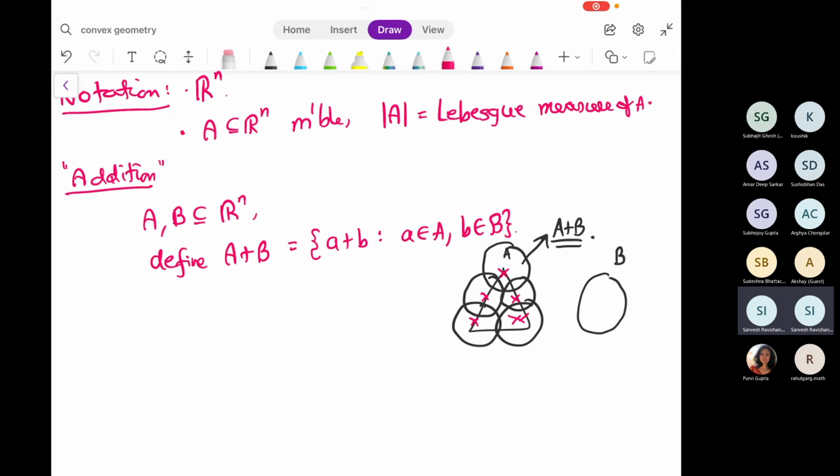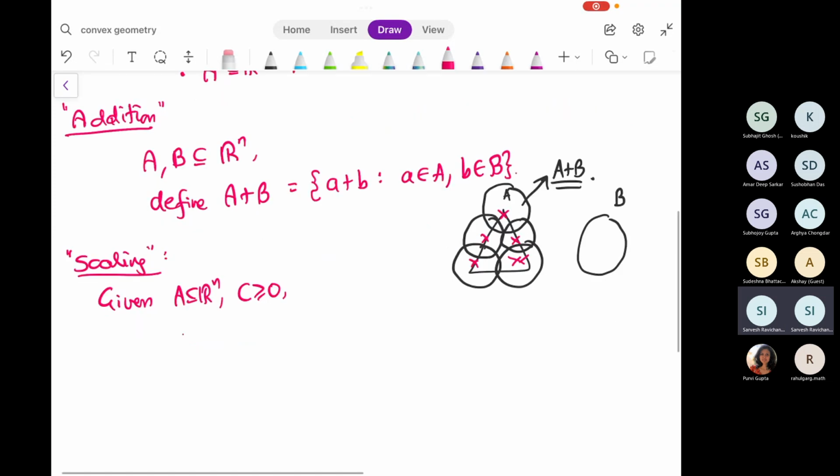Right. And analogous to addition, we have the notion of scaling, right? So how do you scale a set? Well, you multiply every element by some particular quantity. So given a subset A of Rn and c greater than or equal to 0, you can define the set cA as just c times a for a in A. So the way again of thinking about this is that literally you're just zooming in or zooming out of a particular set.